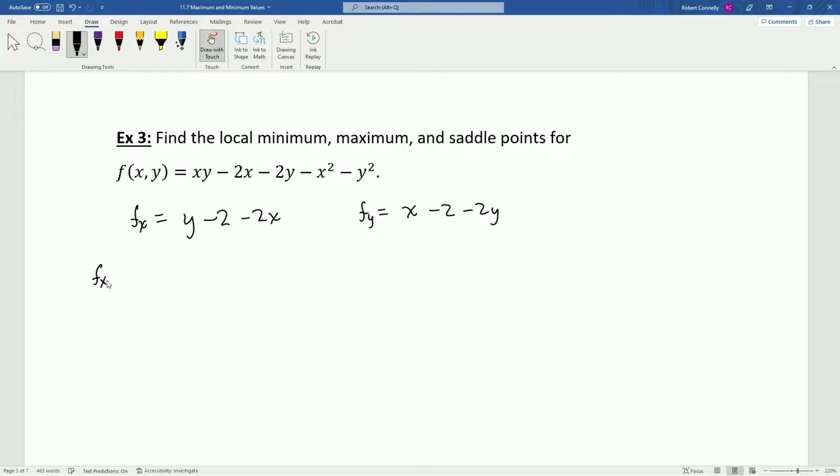So now if I set this first partial derivative equal to 0, I get 0 equals this whole thing, and I can rewrite that as y equals 2 plus 2x. And here, if I take the partial derivative and set it equal to 0, we get x equals 2 plus 2y. And we're just going to substitute in this value for y: 2 plus 2 times (2 plus 2x). That's going to be 2 plus 4 is 6 plus 4x.